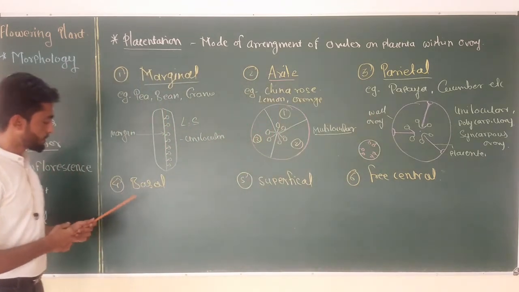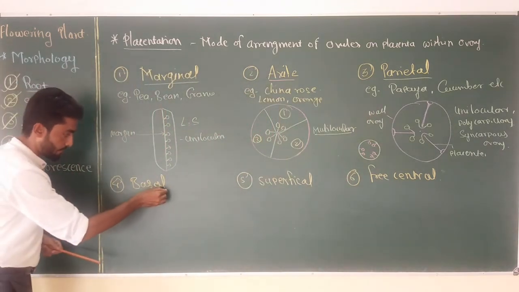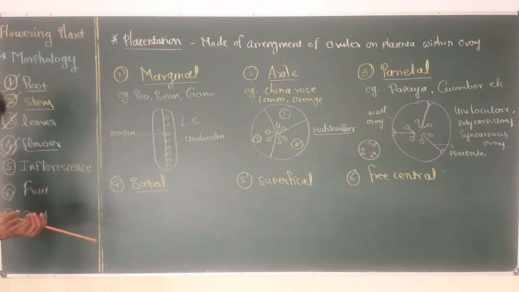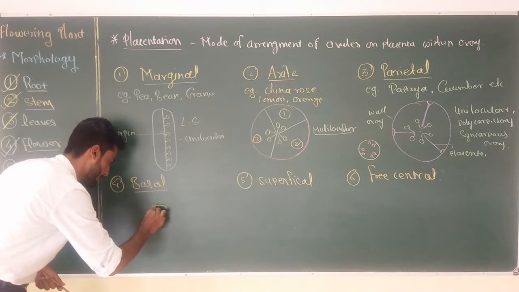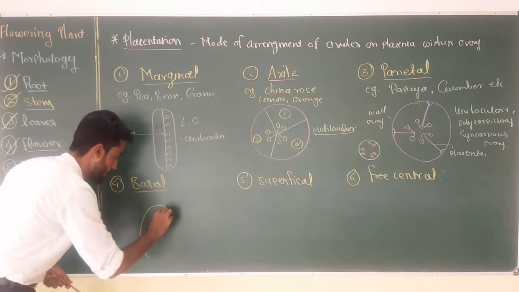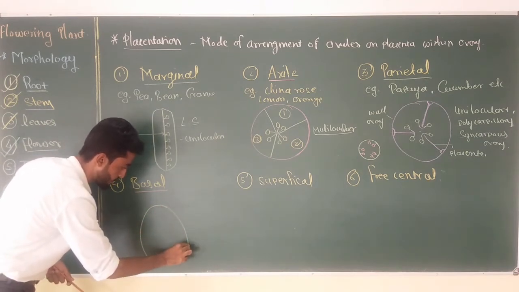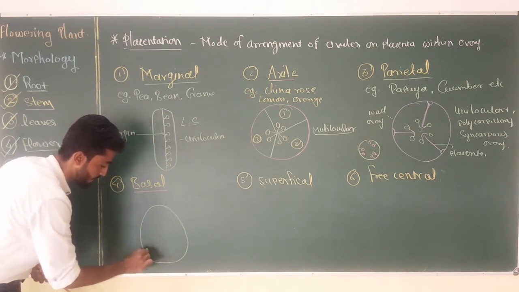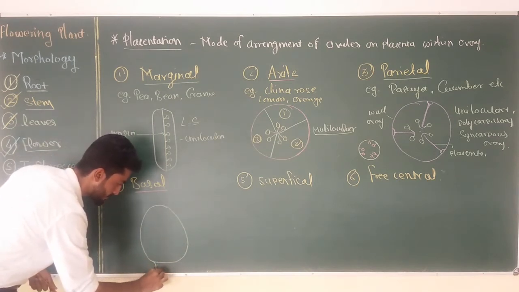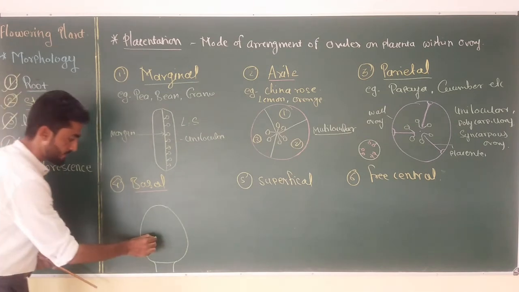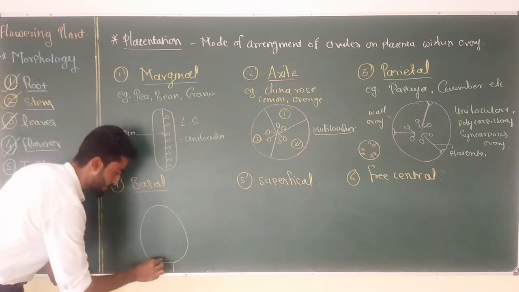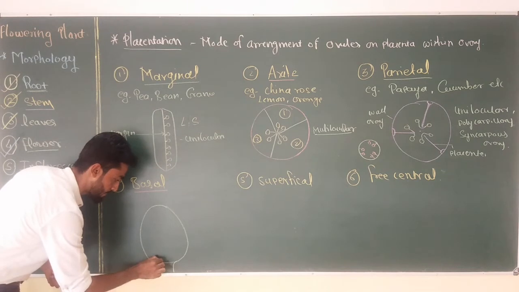Next type of the placentation is basal placentation. Name itself suggests, in this type, if we draw the longitudinal section of the ovary, suppose this is the ovary connected to the thalamus. Now, in this case, a single ovule is present at the base of the ovary.